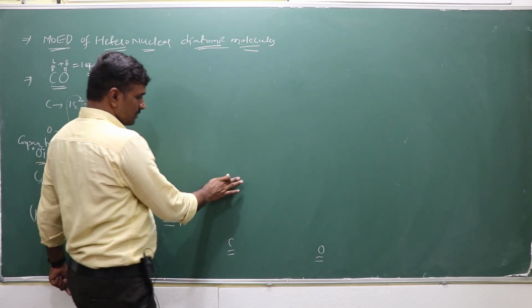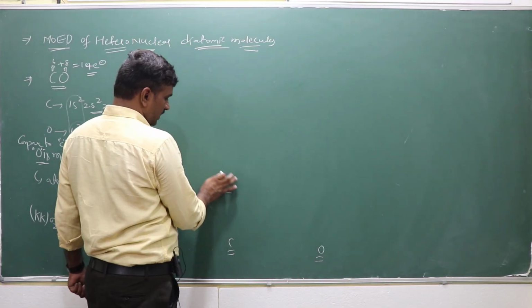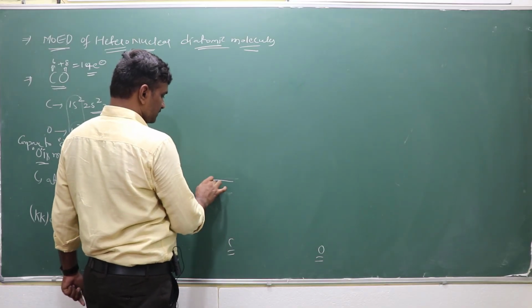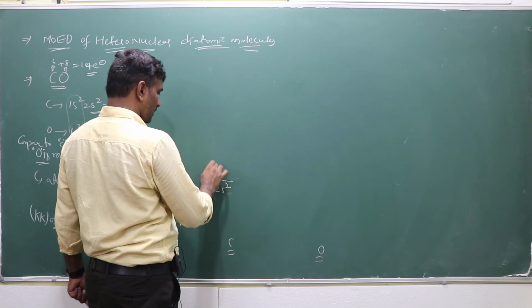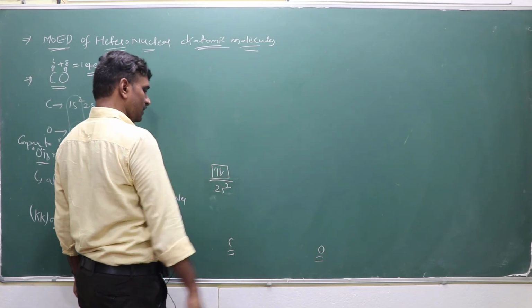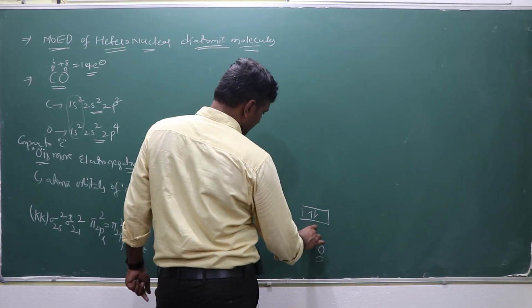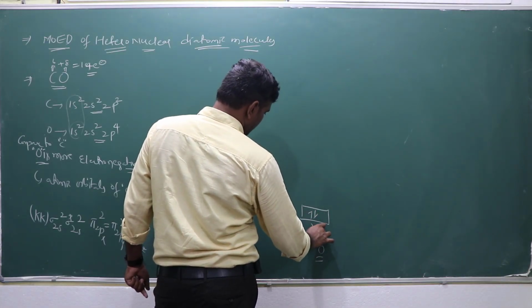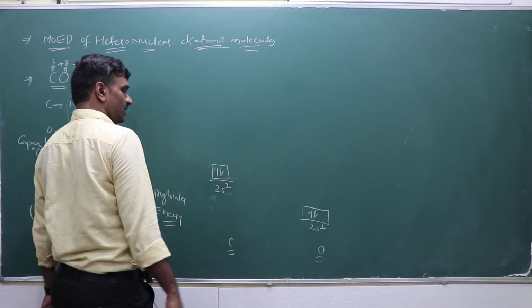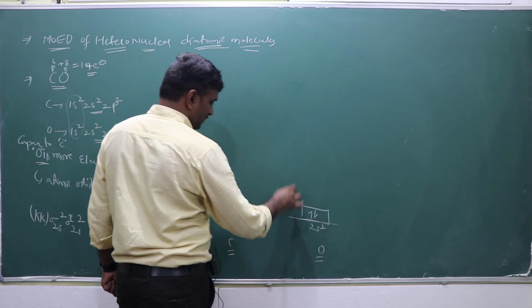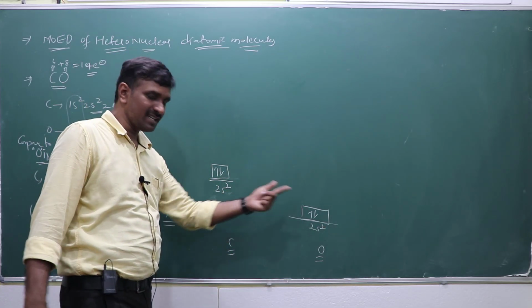So in the carbon atom case, you can consider 2s2 of the carbon, and here it is oxygen having lower energy. So this is the 2s2 of oxygen, which is having lower energy.